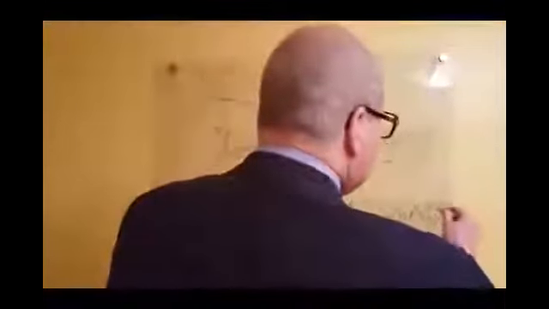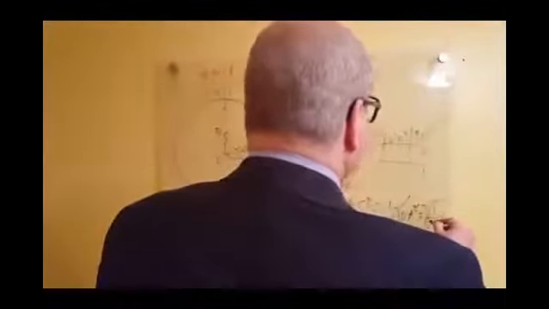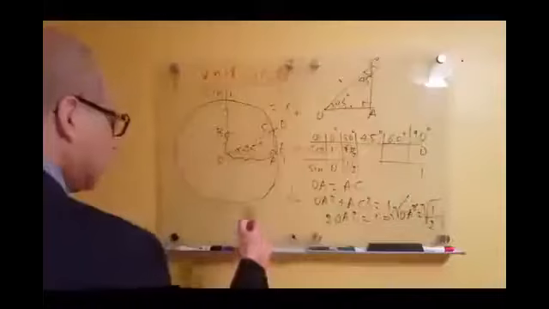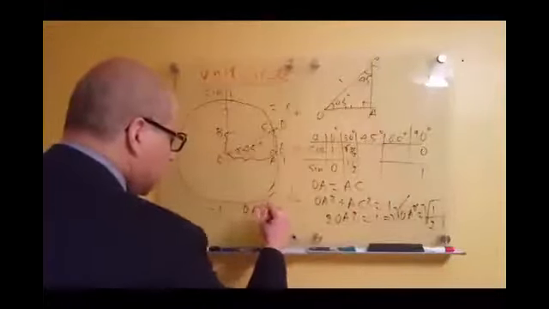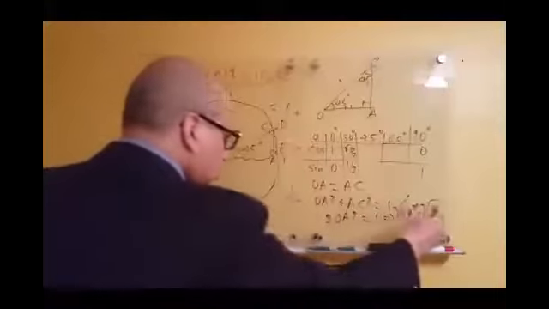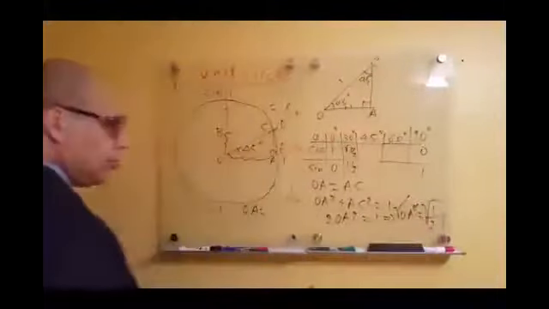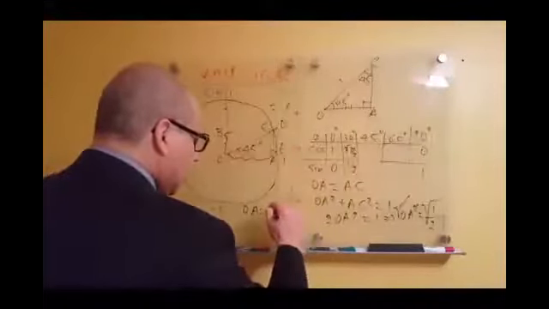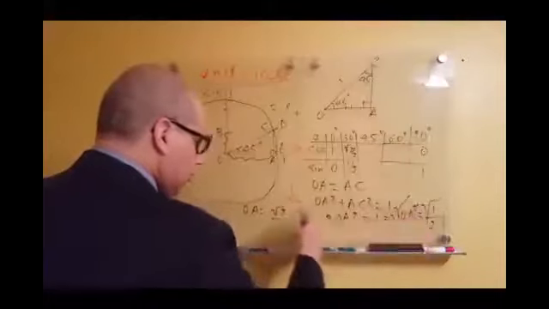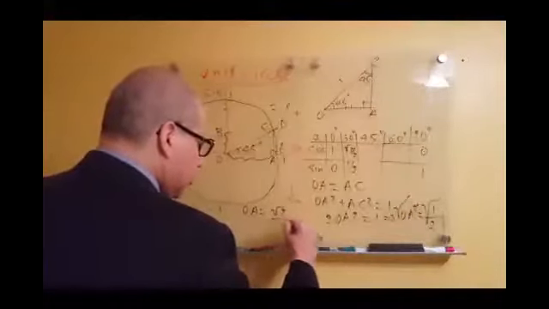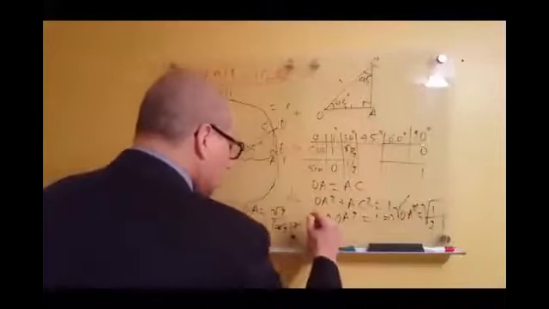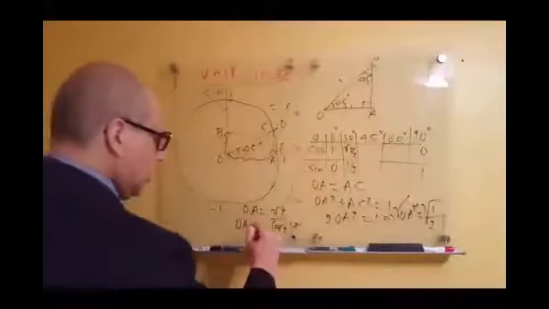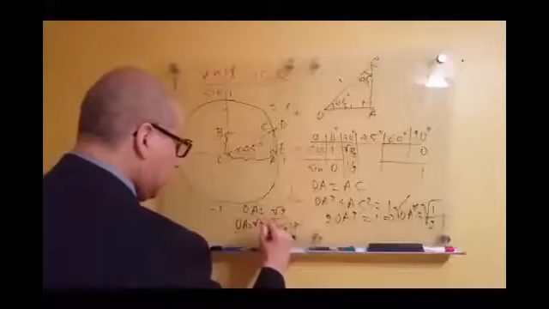What we can do is multiply both numerator and denominator by square root of 2. That gives you that OA is equal to square root of 2 over square root of 2 times square root of 2, so the denominator is square root of 2 squared, which is 2. So OA is equal to square root of 2 over 2.